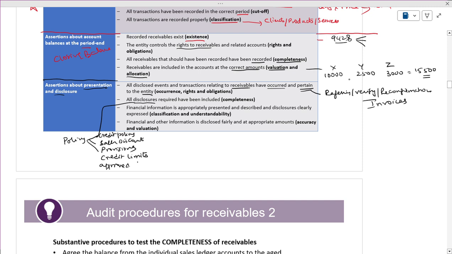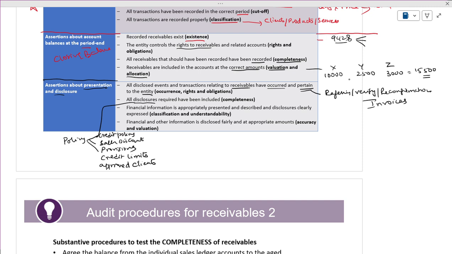The people who are selling to the approved clients, we have to have a very clear policy with respect to approved clients also. These disclosures have to be done. Then only does it mean all disclosures required have been included.